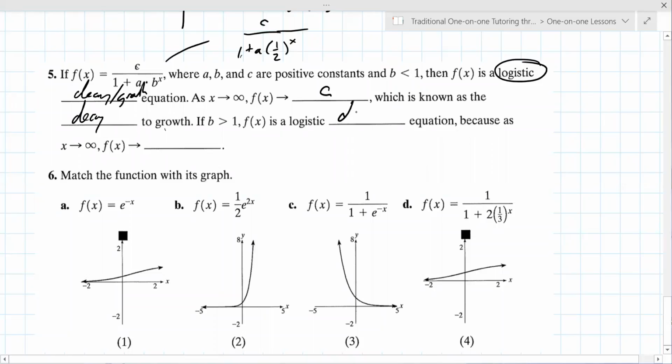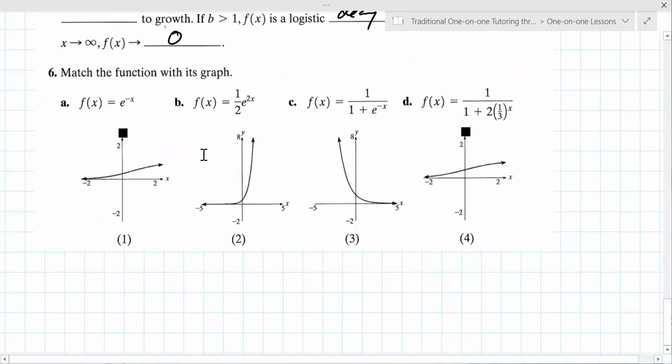It's one or the other here. And so this is what I was telling you to begin with: if it's like 2 to the x, that goes to infinity. 1 plus infinity is infinity. c over infinity is 0. So that makes more sense. So probably some combination of growth and decay for that.